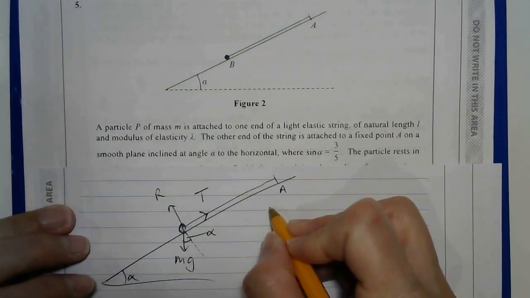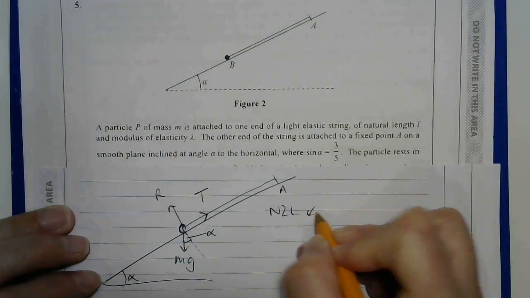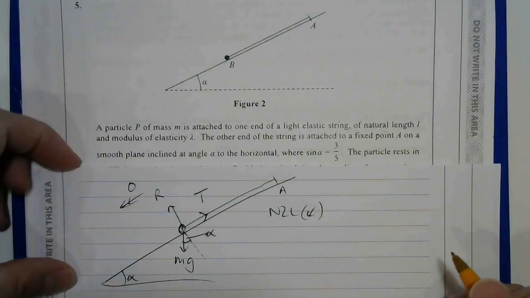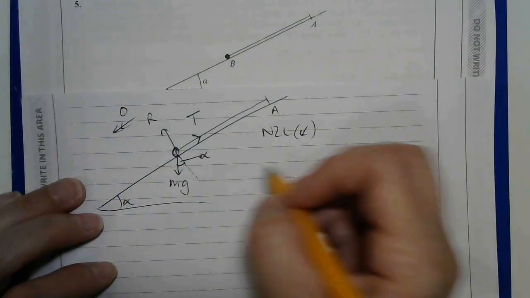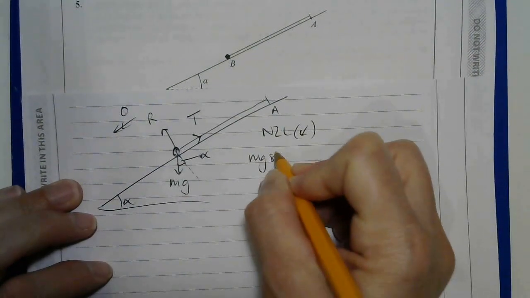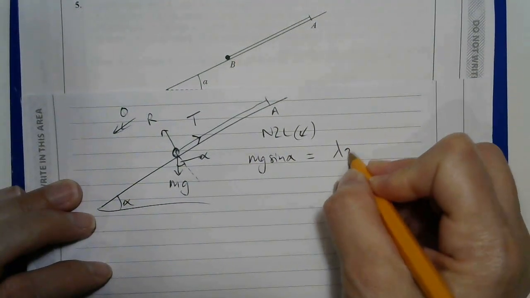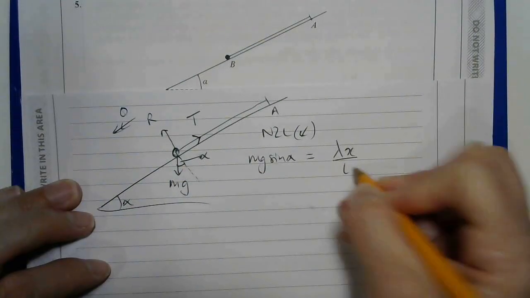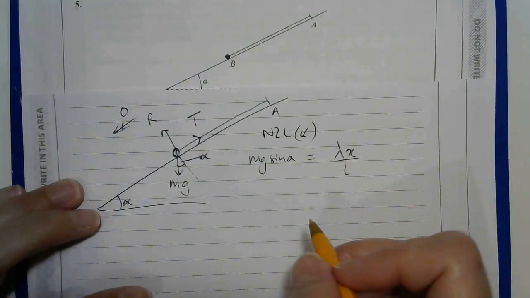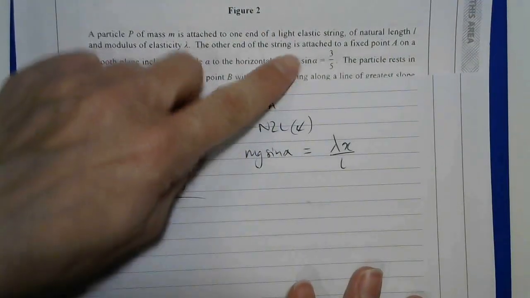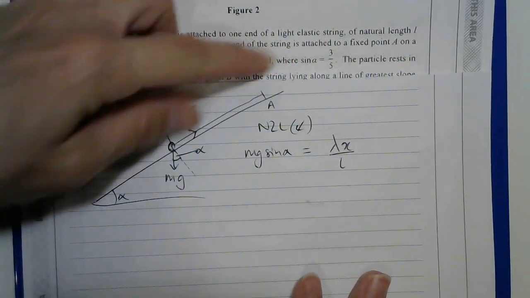Now I can write down Newton's second law going down the slope. Now it's in equilibrium, so the acceleration is 0. So the forces going down the slope, mg sine alpha, will equal the tension, which is lambda times the extension over the natural length. Popping in all of the values, I was told that sine alpha is 3/5.